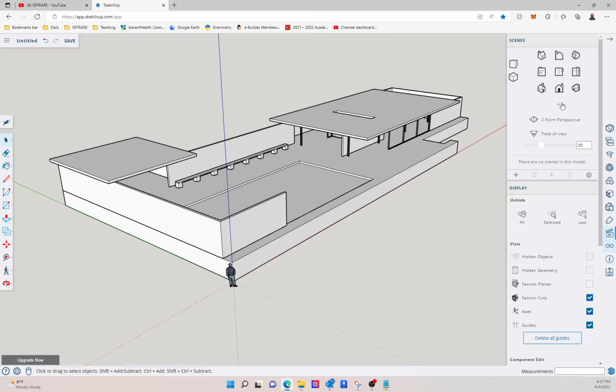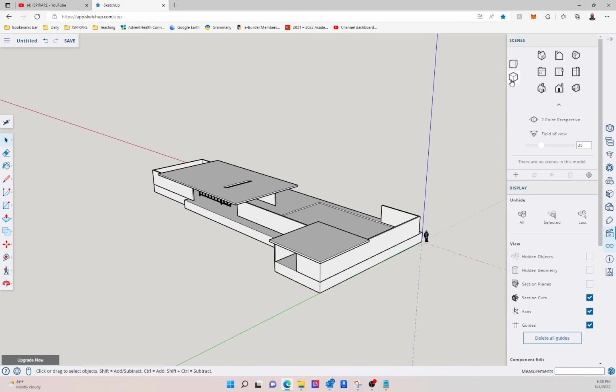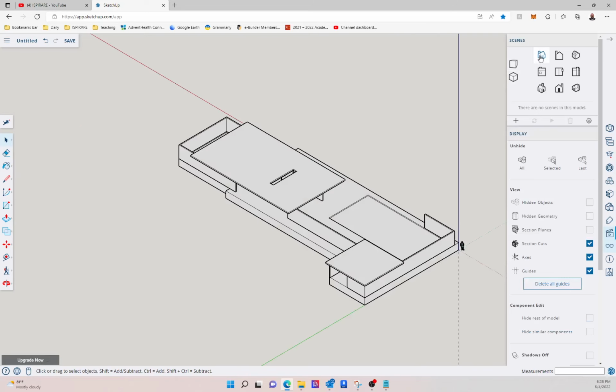Next, there's quite a few presets, right? The first is what I would call the angled or two-sided view. If we're using parallel projection, this is like an axonometric, right? So there's a 30-degree angle and a 30-degree angle, creating actually an isometric drawing.